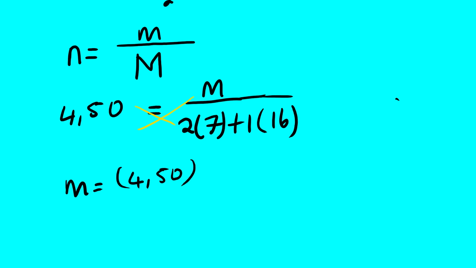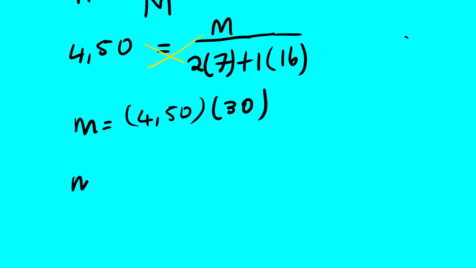Alright, 2 multiplied by 7 is 14. 14 plus 16, we have 30, so multiply by 30. Then from there we have 4.50 multiplied by 30, it's 138 grams.